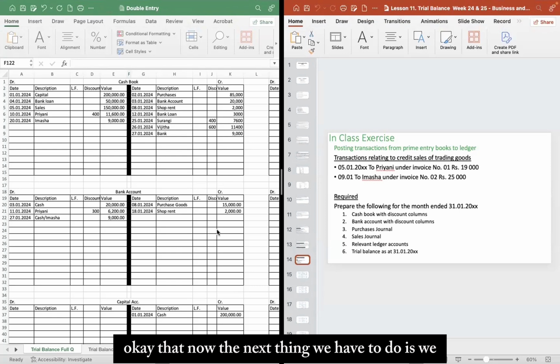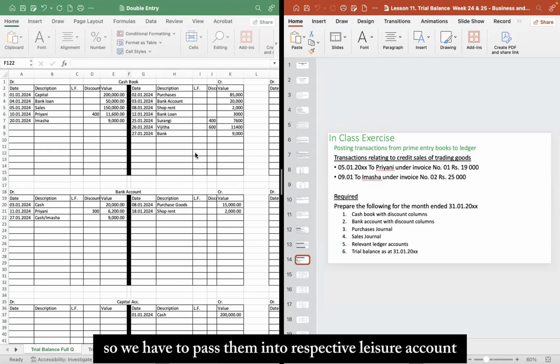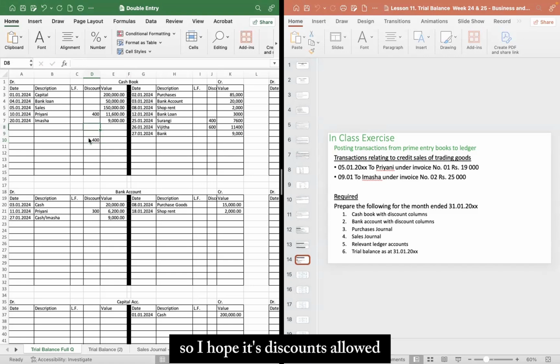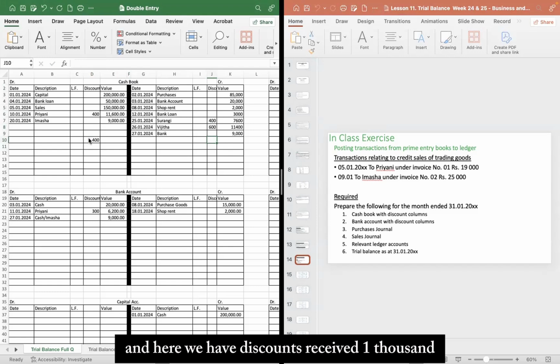Okay, now the next thing we have to do is finalize the discounts columns. These are only memorandum columns, so we have to pass them into the respective ledger accounts. Here I hope it's discounts allowed, we have 400, and here we have discounts received 1,000.